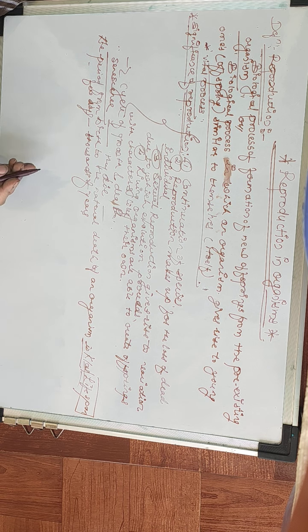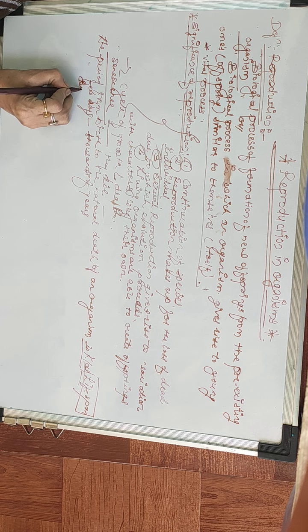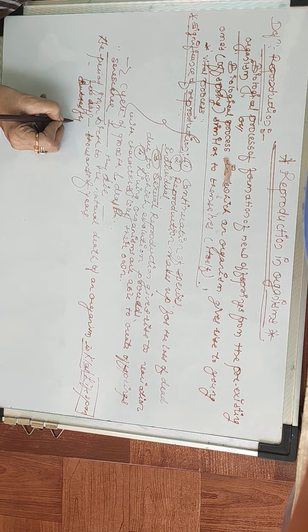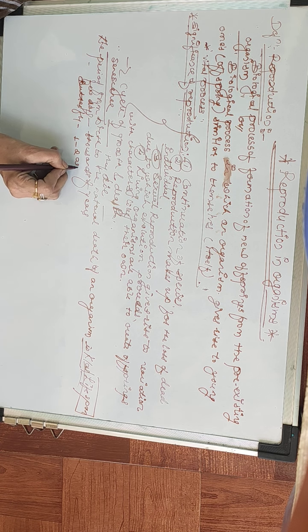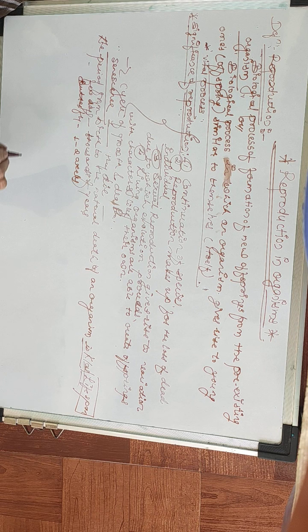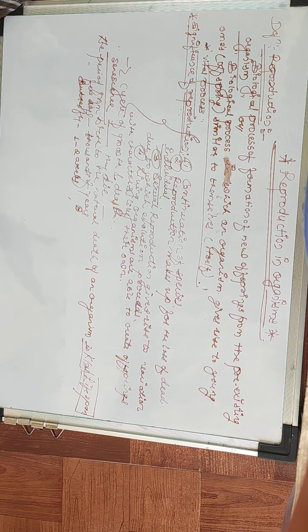A few days means, for example, I'm giving you butterfly. Butterfly has a lifespan of only 1 to 2 weeks, whereas banyan tree has a lifespan of thousands of years. Another example, elephant, then dog, cow, crow.